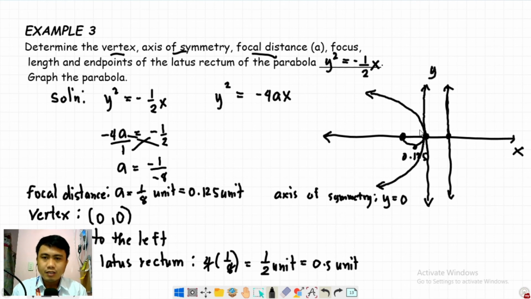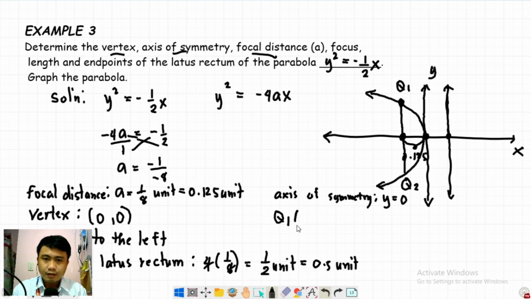Okay, next is the length of the latus rectum, done. Then Q1 and Q2. Since it says endpoints, this is our latus rectum. We have endpoints Q1 and Q2.